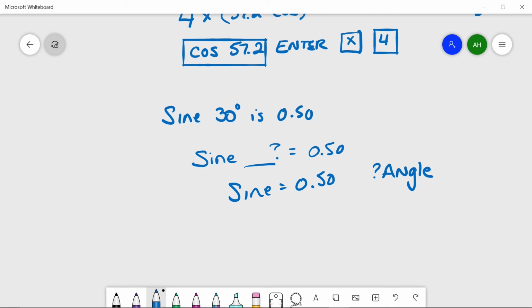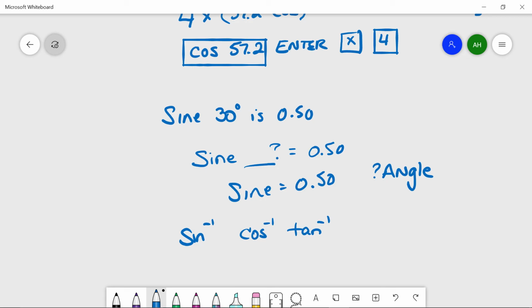When you look at the inverse function on your calculator, it's often going to look like sine to the -1, cosine to the -1, and tangent to the -1. That's what you're looking for.